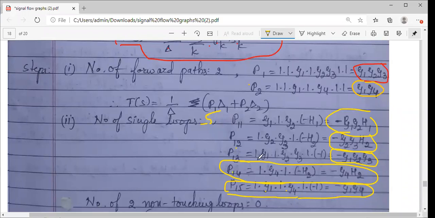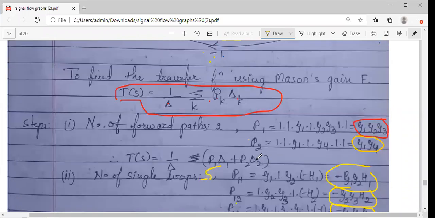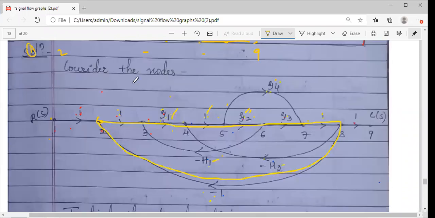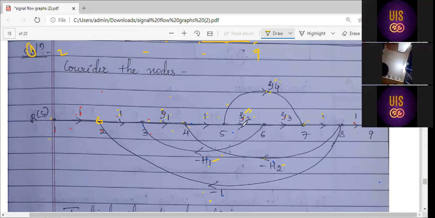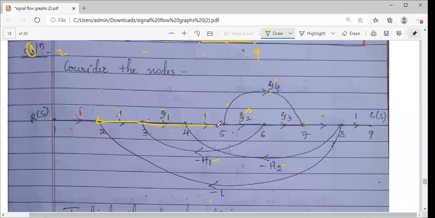Now coming to 2 non-touching loops. Can you find any 2 non-touching loops here? Try to analyze every possible loop. Let me draw all the lines with different colors. This is one loop.